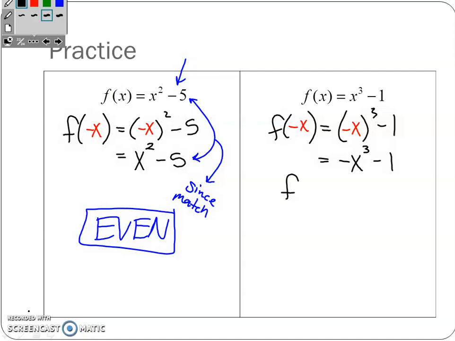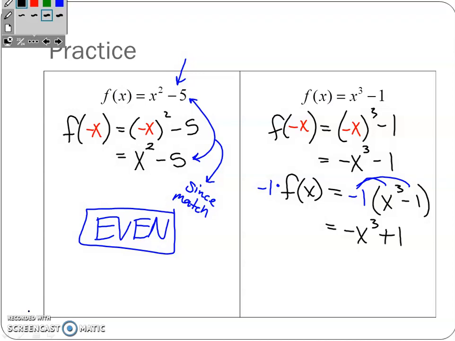Okay? Now I'm going to look at, what if I took negative 1 times my f of x? Well, if I take negative 1 times my f of x, I'm going to take negative 1 times x cubed minus 1. Distribute in my negative 1. That gives me negative x cubed plus 1. Okay, so now I'm going to check. Does this one match this one?